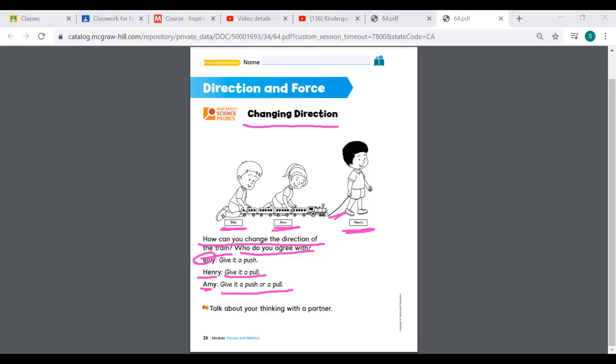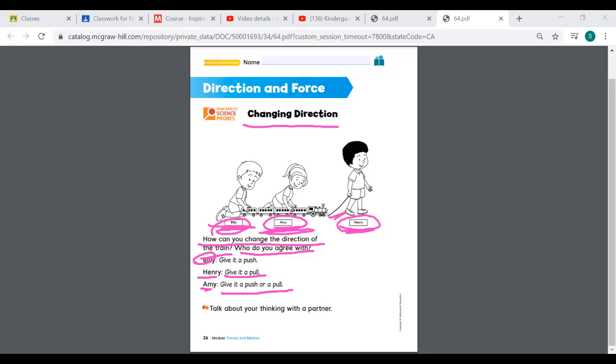So I want you to choose the friend that you think has the best idea about how the train will change direction. Who do you think has the better idea? Is it Billy? Is it Amy or is it Henry? Billy says you push the train and that'll change directions.